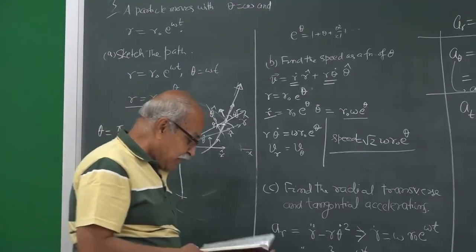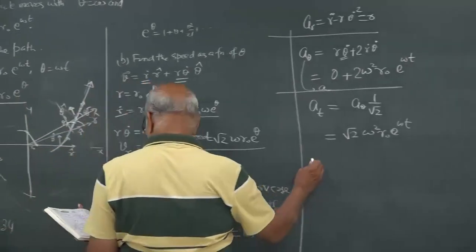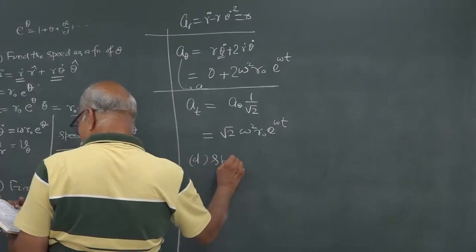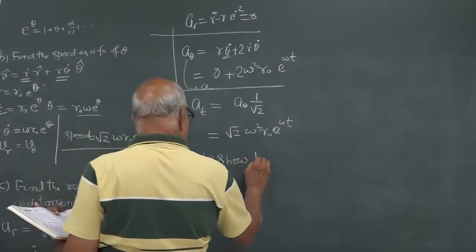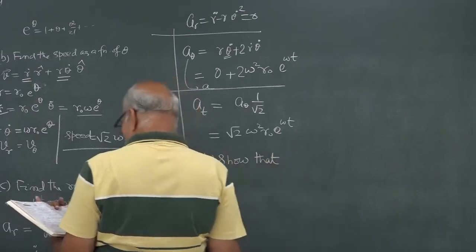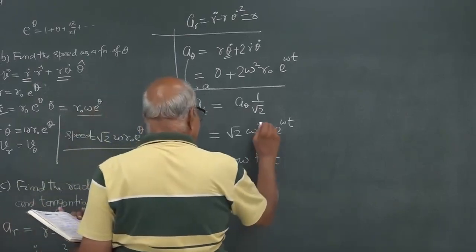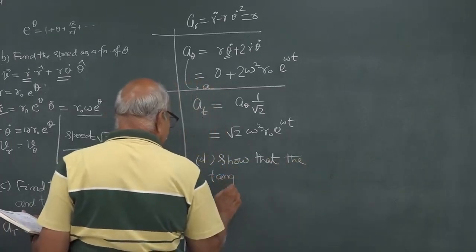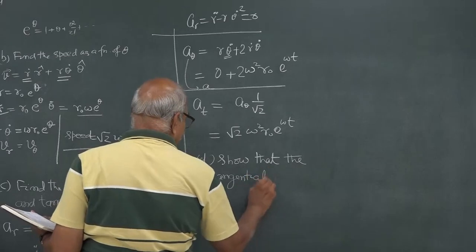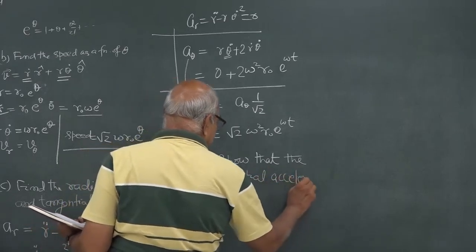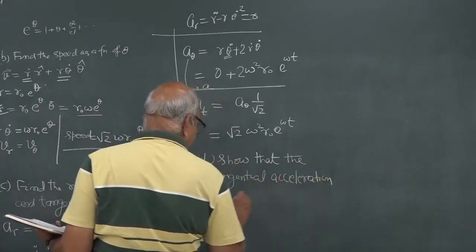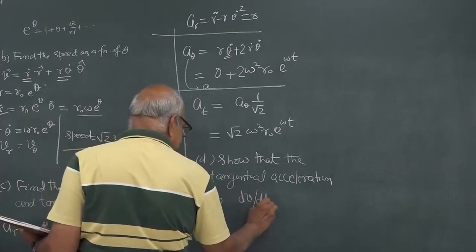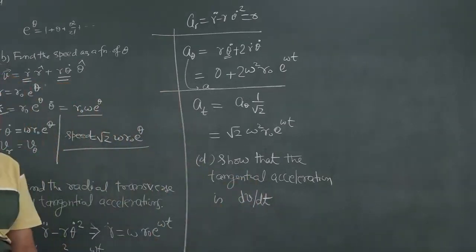Then the next part is, show that this tangential acceleration is dv dt, the rate of change of speed.